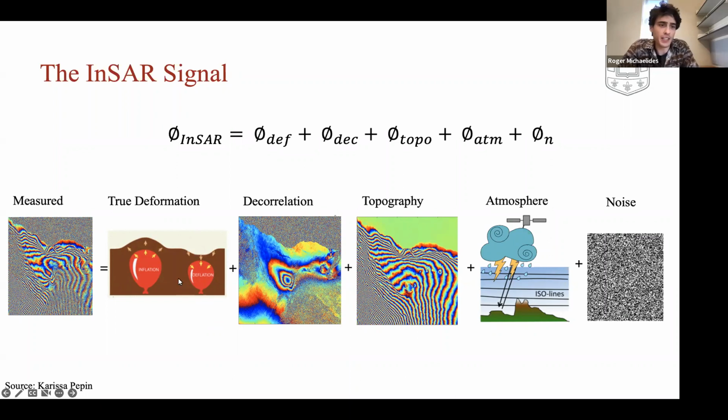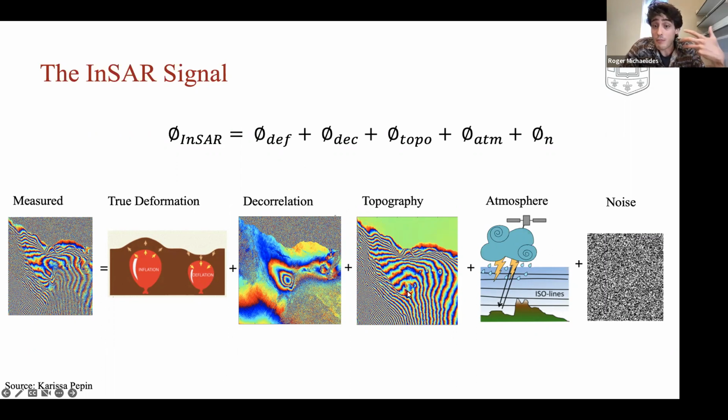But generally speaking, this signal is composed of what we call a true deformational signal. In the case of a geodetic signal or something like a volcano, maybe its magma chamber is expanding and the ground is rising as a result, that is our signal of interest. But superimposed on top of that are things like signal decorrelation, which is an error source that we're usually not interested in.